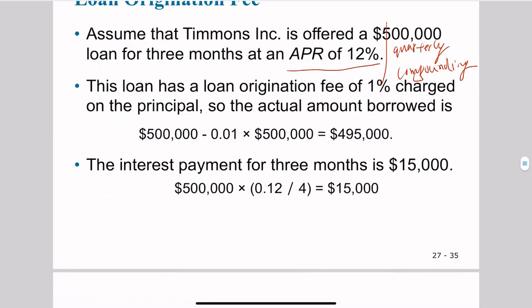So you can see that as long as the firm borrows $500,000, at the same time, it needs to pay out this amount, right? So this is the loan origination fee.